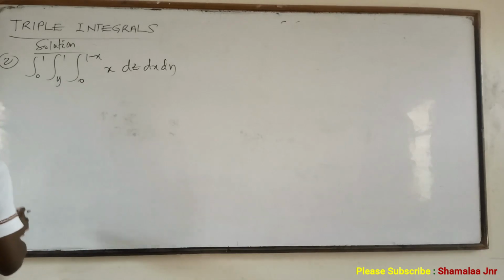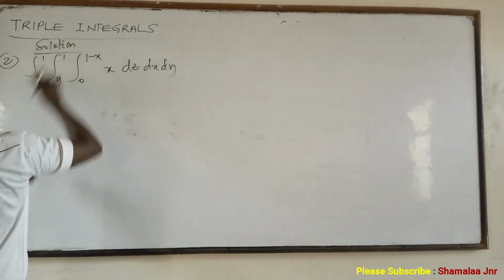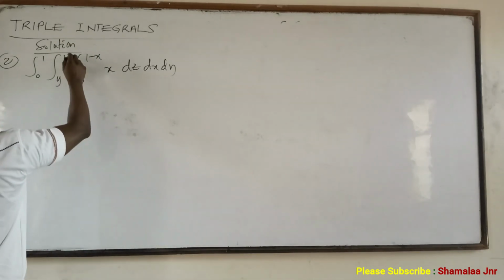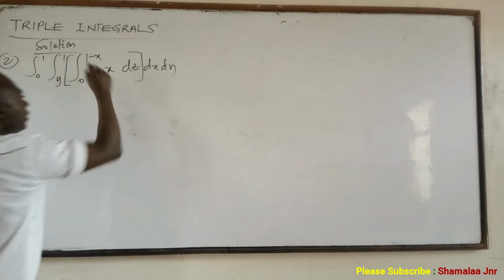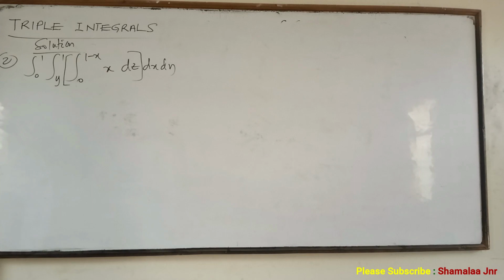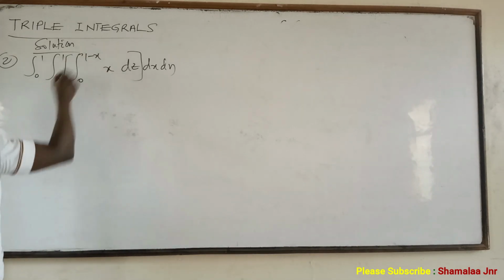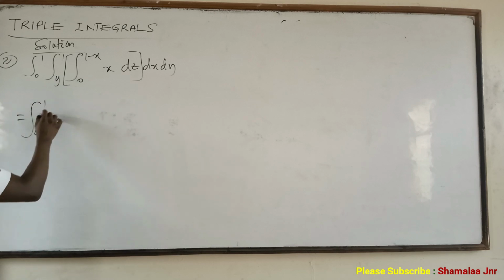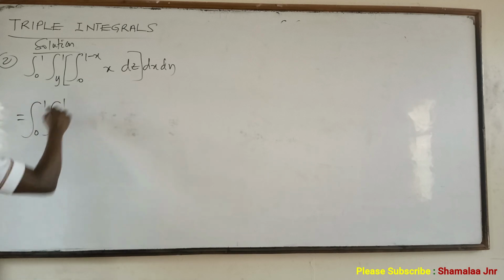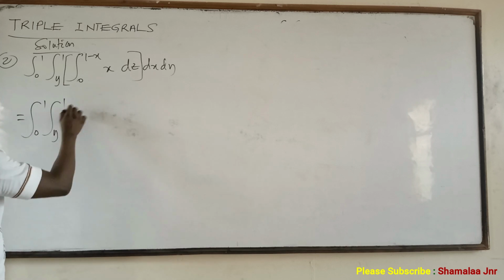So you have to start. You are going to start with this one, the innermost one. So this is equal to integral from 0 to 1, integral from y to 1 of this.